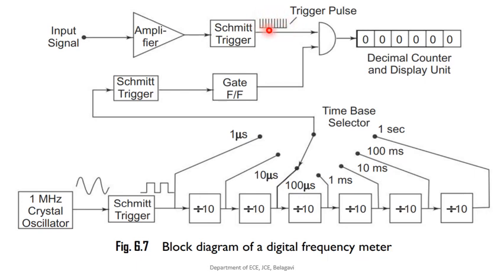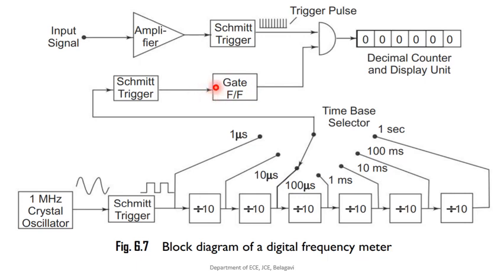These pulses are proportional to the frequency of the input signal, and we have to count them. For how much duration you want to count is controlled by the gate flip-flop, the circuit we have just seen. There will be a start gate, stop gate, and main gate. That is the gate flip-flop.